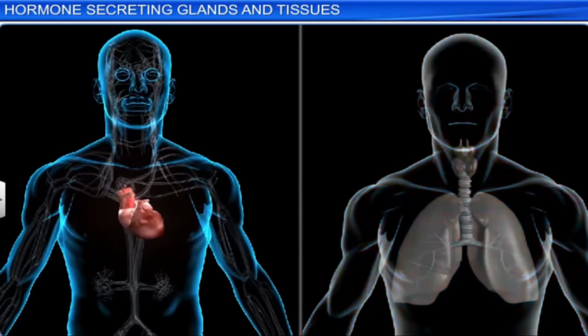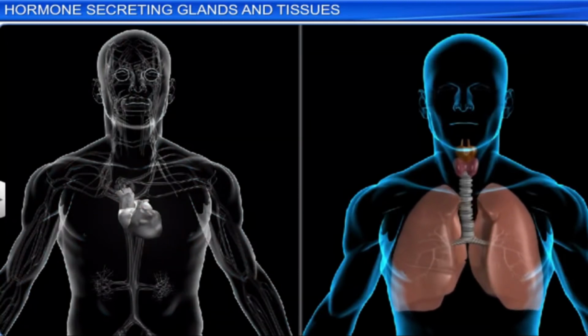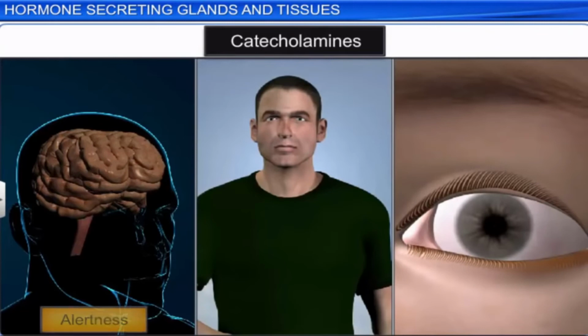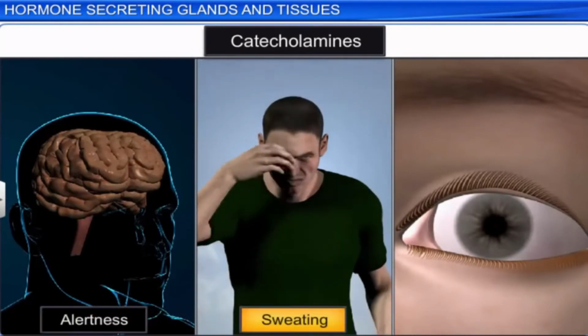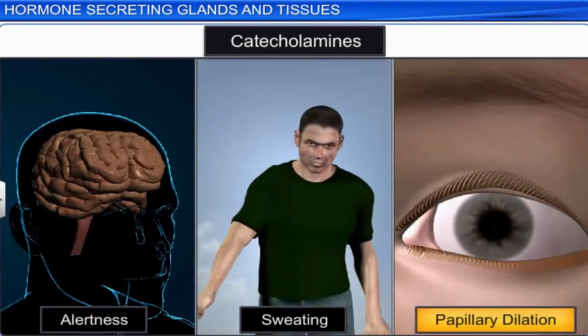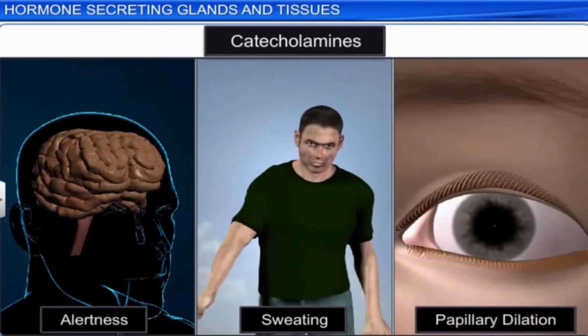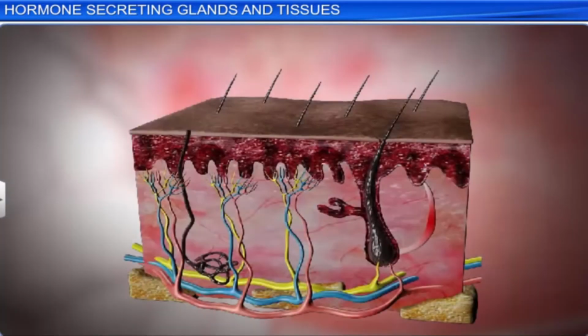These hormones increase the strength of heart contractions, heartbeat, and the rate of respiration. They also increase alertness, sweating, and pupillary dilation. Moreover, catecholamines cause piloerection.